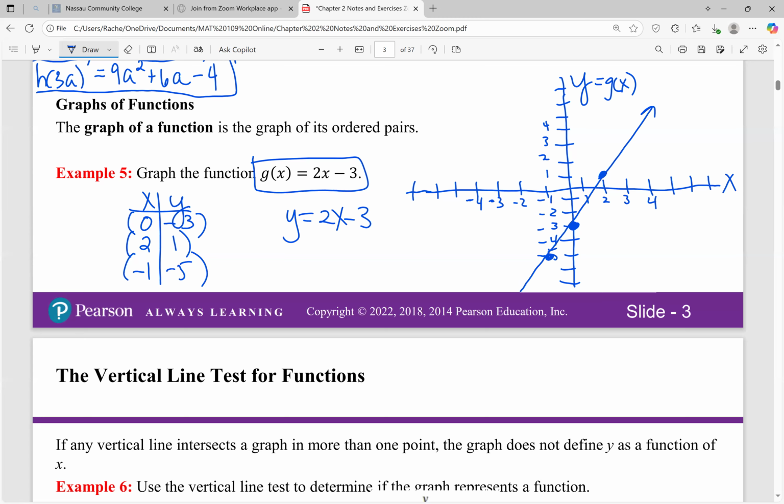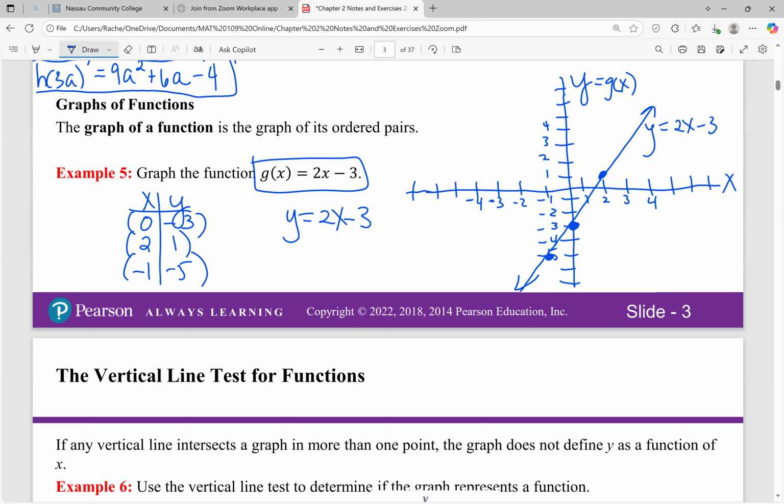There we go. So it's going to look like that. So that's the function y equals 2x minus 3. I want you to make the connection that if we have a function in equation form, its graph is just made up of all the ordered pairs that satisfy that particular equation.